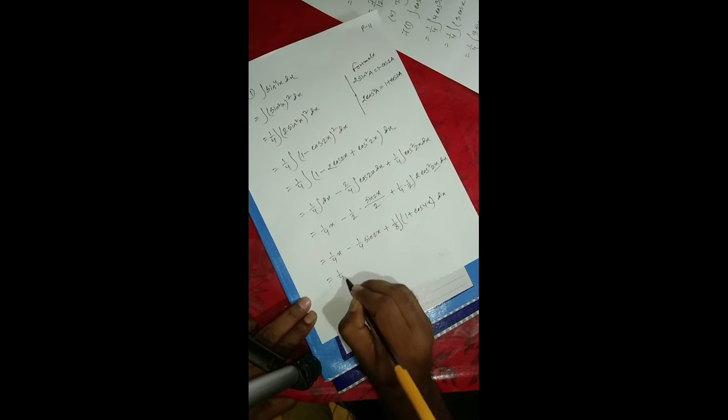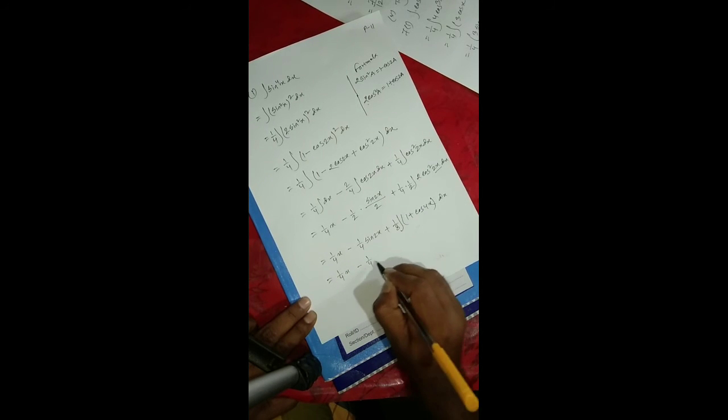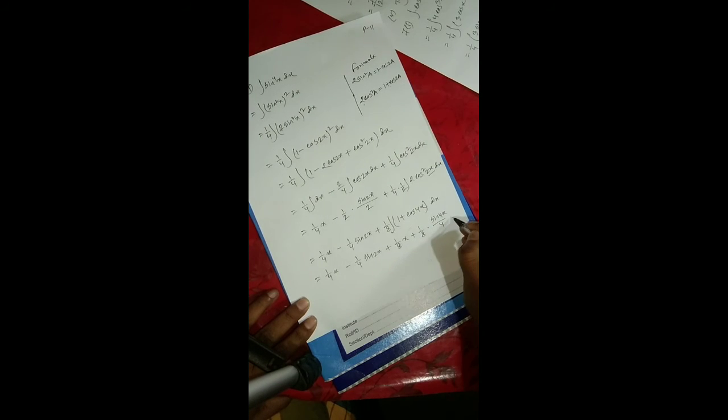Now 1 by 4x minus 1 by 4 sin of 2x. Now integration of 1 dx, that means only dx, we get x. 1 by 8 x plus 1 by 8 cos 4x, sin 4x by 4 plus c.